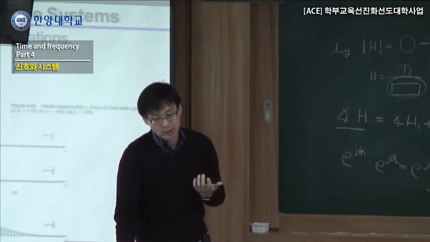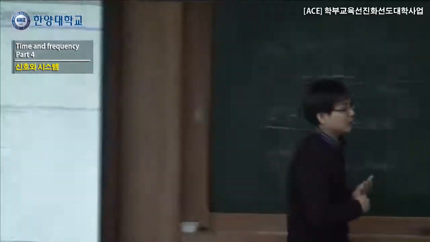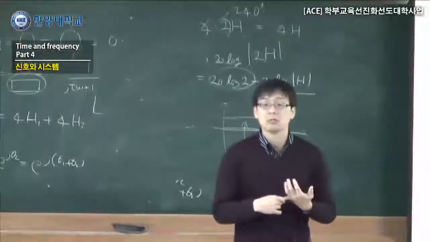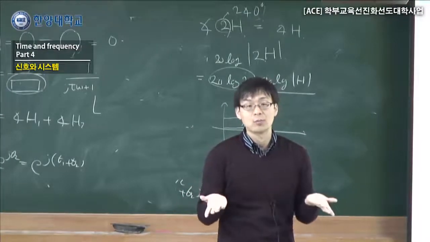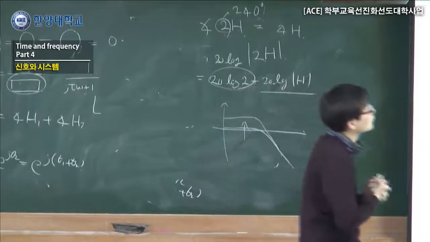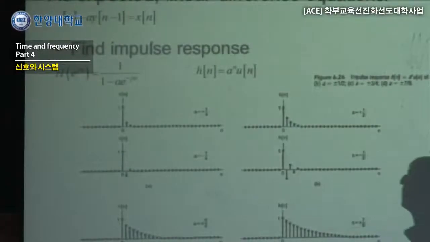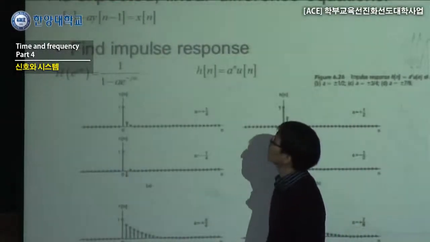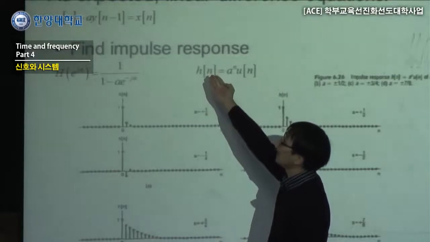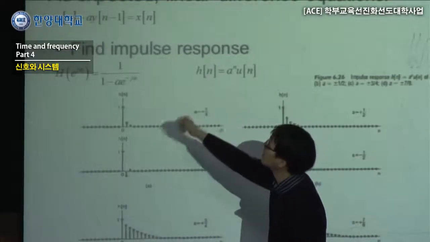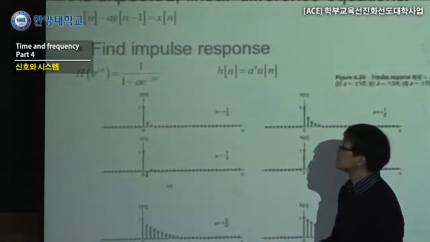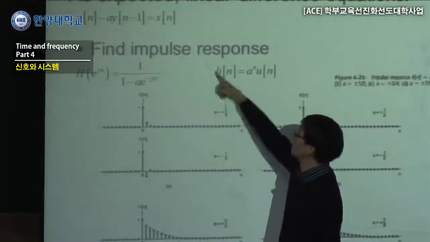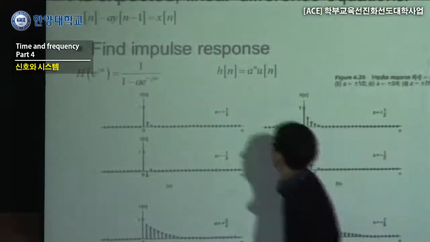So in discrete time, we mentioned that we do not use Bode plots much because they don't have much meaning, as they're repeating. But in case of discrete time, likewise, if you are asked to find the impulse response, that means you will calculate its system response and do the inverse Fourier transform to find it.